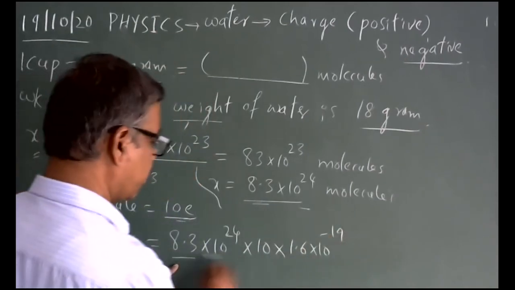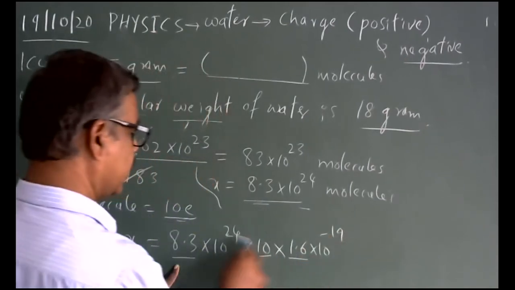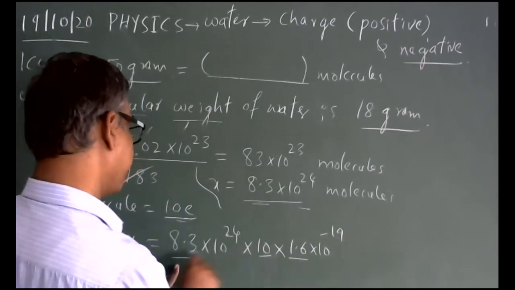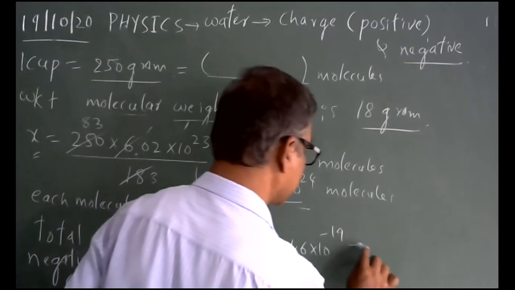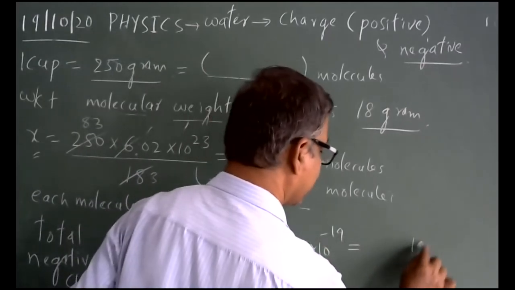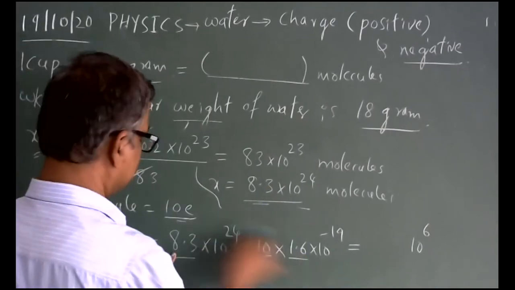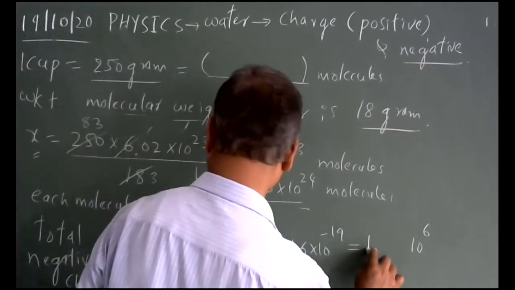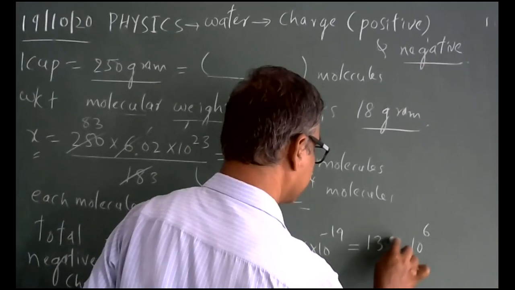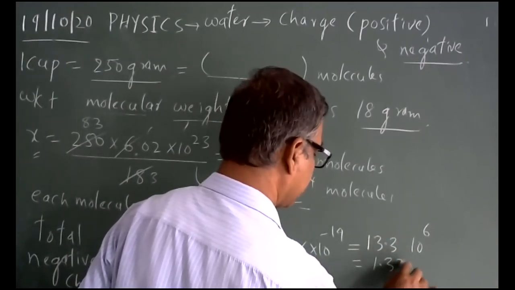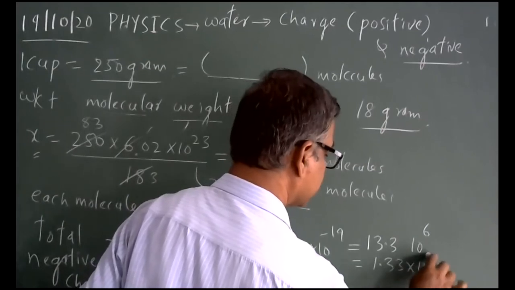When I do 8.3 into 1.6, with the 10, it becomes 25, and 25 minus 19 becomes plus 6. 8.3 into 16 gives close to 13.3. Finally, I can say 1.33 × 10^7.